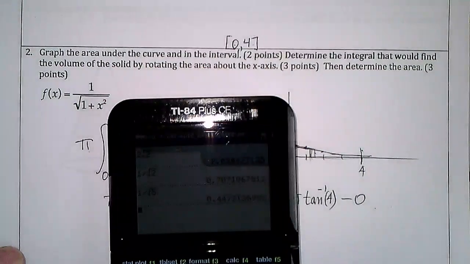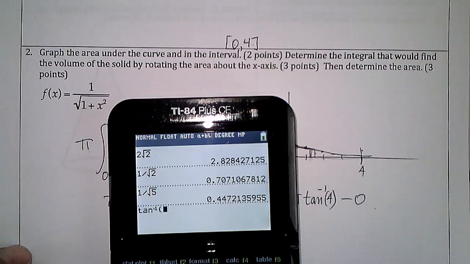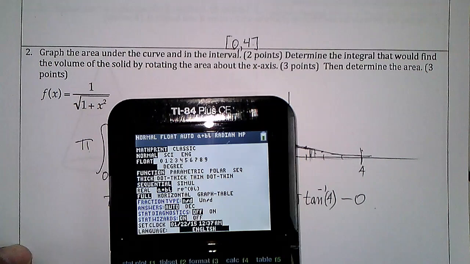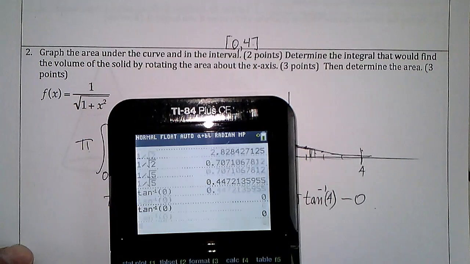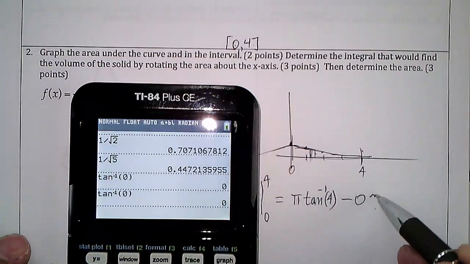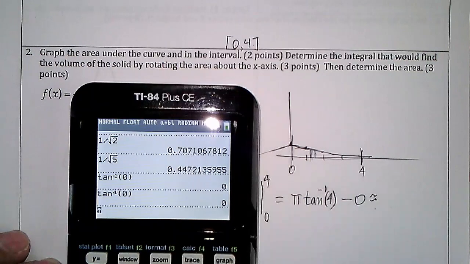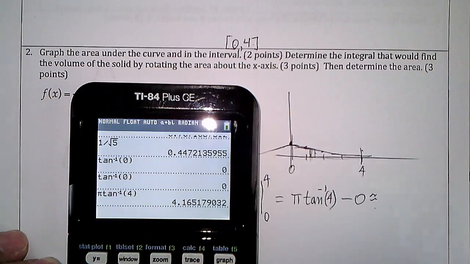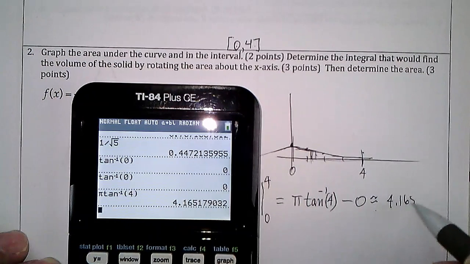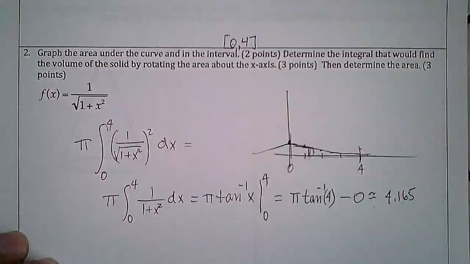Just to check that, tangent inverse of 0 is 0, no matter what my mode is in, but it should be in radians. And then, if I wanted the decimal approximation, I'd have pi tangent inverse of 4, which is 4.165 approximately cubic units.